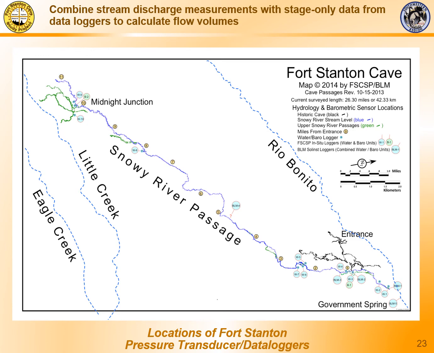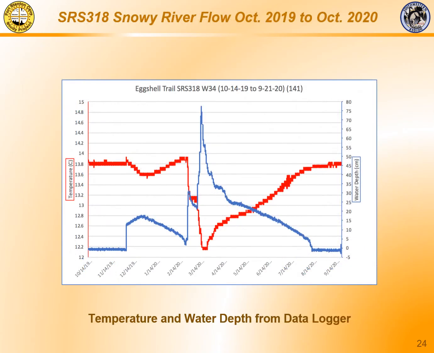And here is an output from one of the data loggers. The red graph is temperature, and the blue line is the stage data from the pressure transducer data logger. So we can see that in the fall of 2019, the water depth here, the stage, was 0.